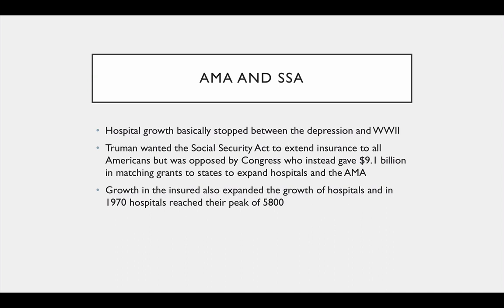So after this passage, Truman decided that he really wanted, for all practical purposes, a single-payer system. Truman wanted the Social Security Act to expand insurance to all Americans, but it was opposed by Congress. It was also opposed by the American Medical Association.